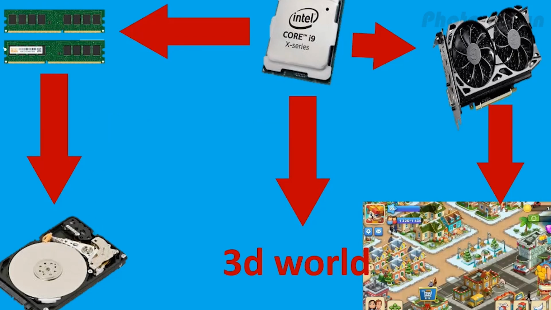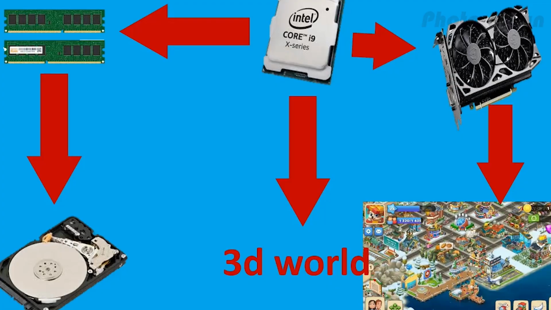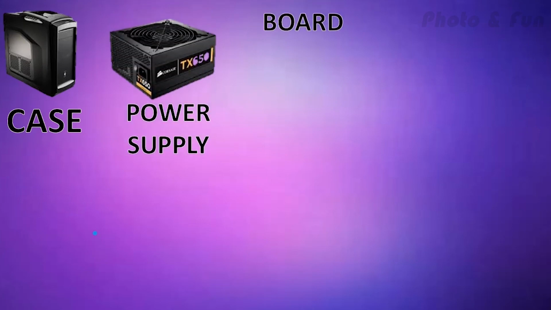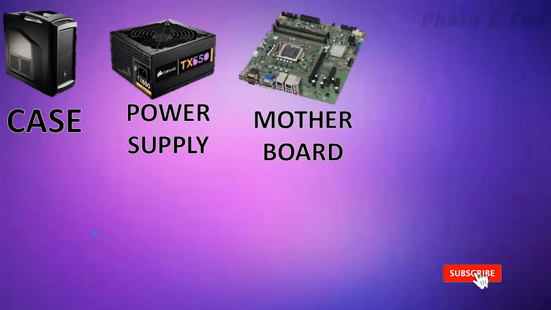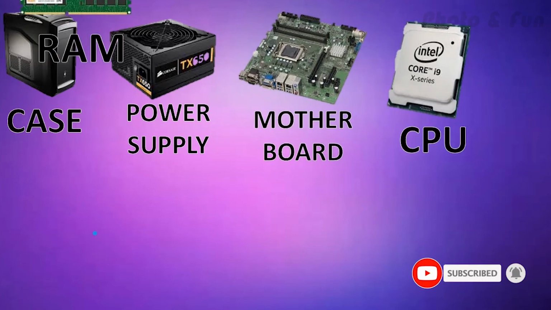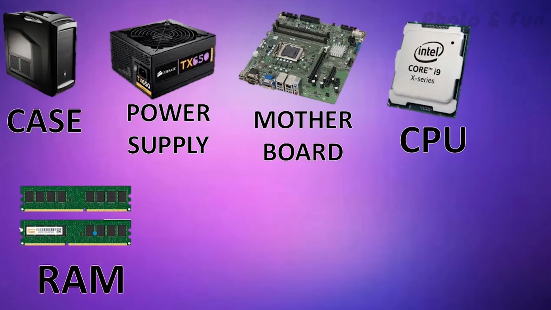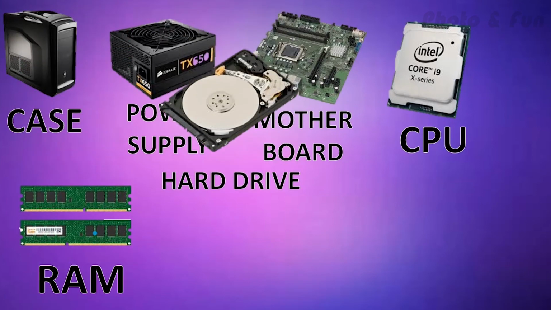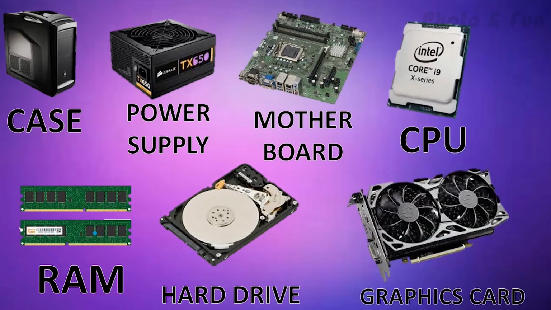Without getting too off topic here, let's review again. The case is a big hunk of plastic, and the power supply is the place that plugs into the wall, and the motherboard is the place where all of your things plug in, and the CPU is the place that does everything in your computer.